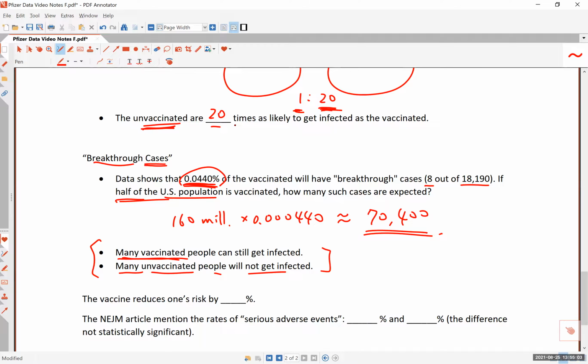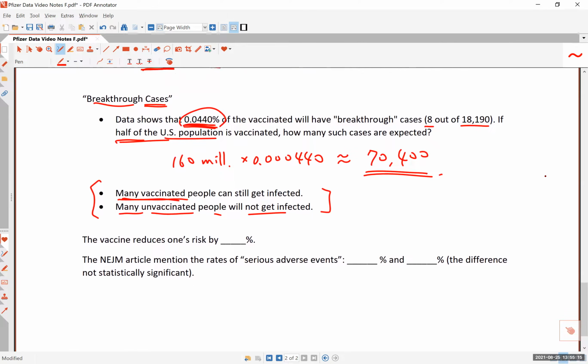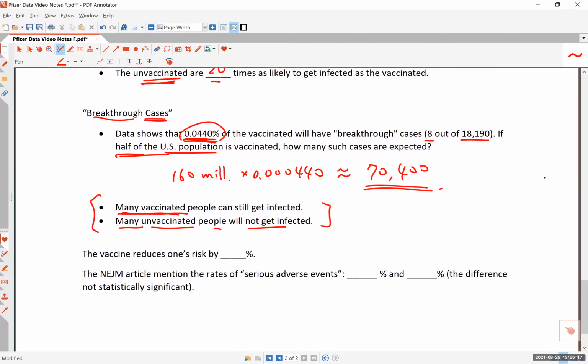So if you are one of these people who are scared, what happens if I get a vaccine and I still get COVID? Remember, your chances of getting COVID are 20 times as much if you are not vaccinated. So the vaccine reduces one's risk by 95%, and that is exactly what that efficacy rate means.